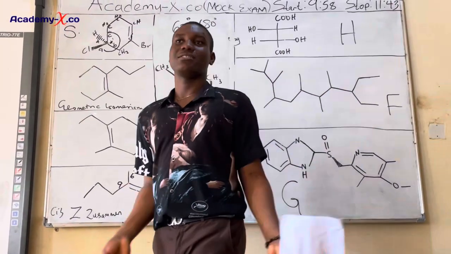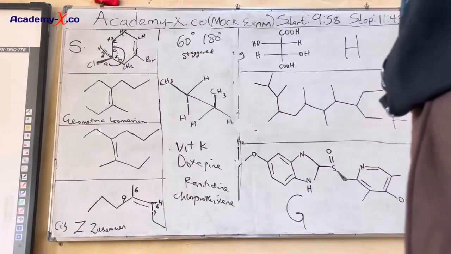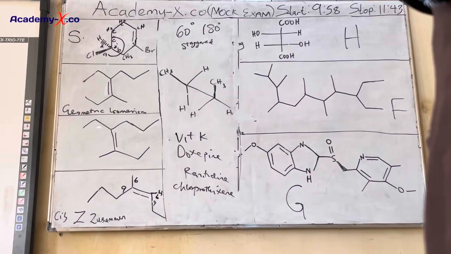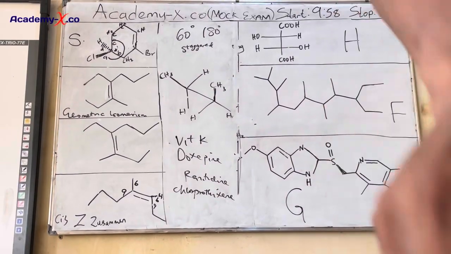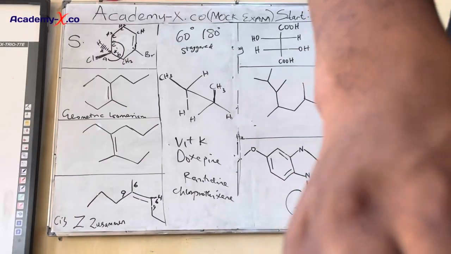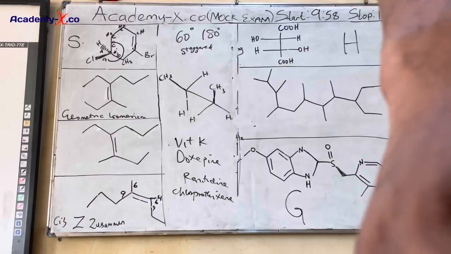So explain it yourself. Why is it sometimes better to assign E and Z instead of cis and trans nomenclature? Who can try? It's just a simple sentence. All these questions have quite simple answers. You don't even need much difference.